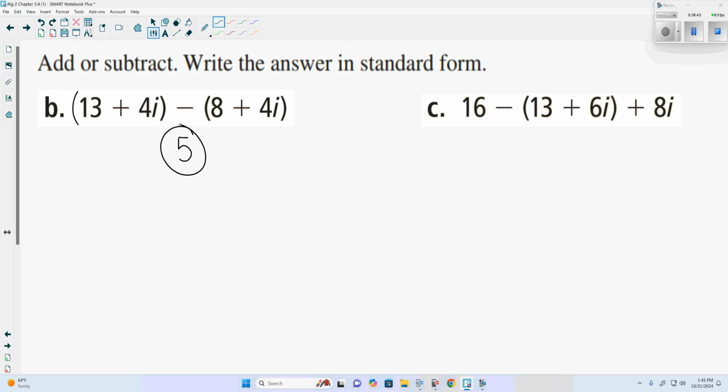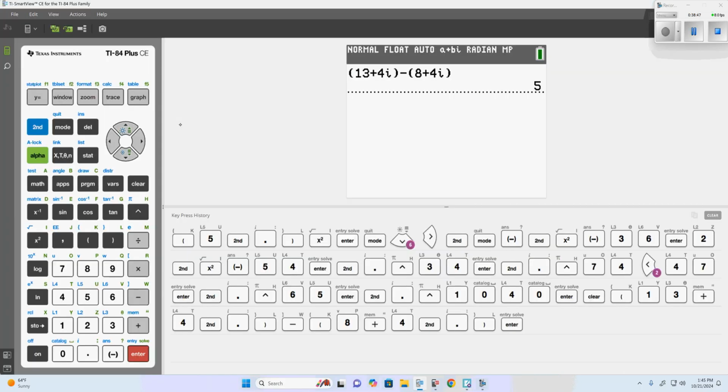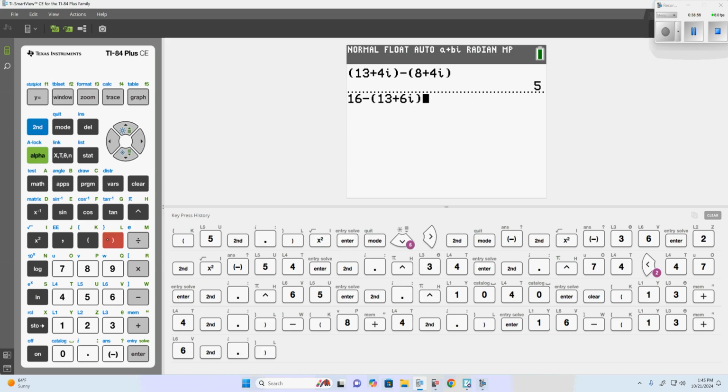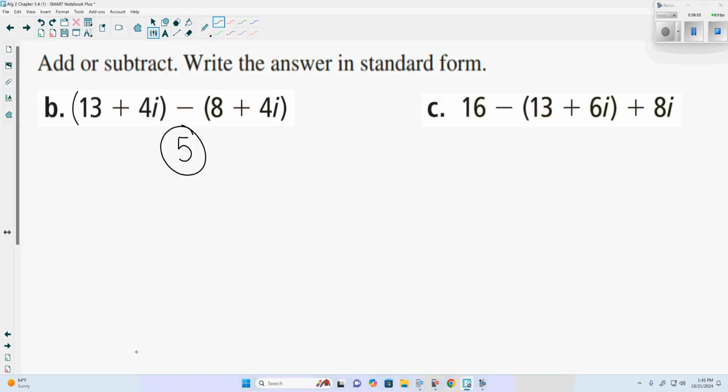Even with the next one, 16 minus the quantity 13 plus 6i, plus 8i, is 3 plus 2i. Questions on this here? We'll stop. We'll finish this.